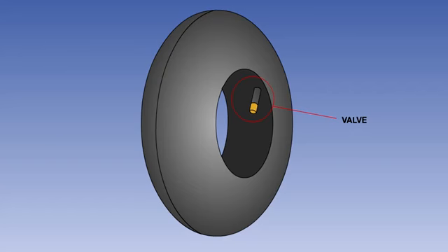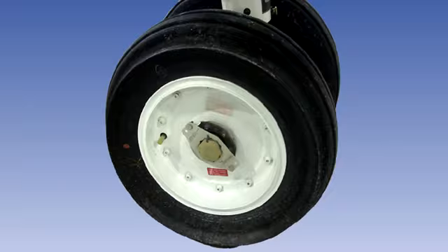Whether the tyre is fitted with a tube or is tubeless, an inflation valve is required. In the case of the tyre with a tube, the valve forms part of the tube installation. Whilst on a tubeless tyre, it is fitted directly onto the wheel rim with a rubber sealing gasket. Each inflation valve is fitted with a non-return valve.